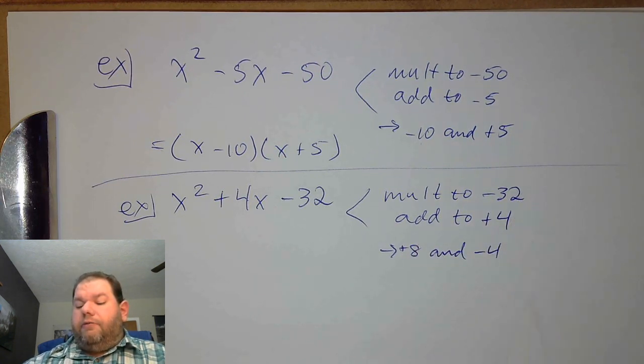Because our product is negative 32 and we have positive 8 minus 4 equals 4.